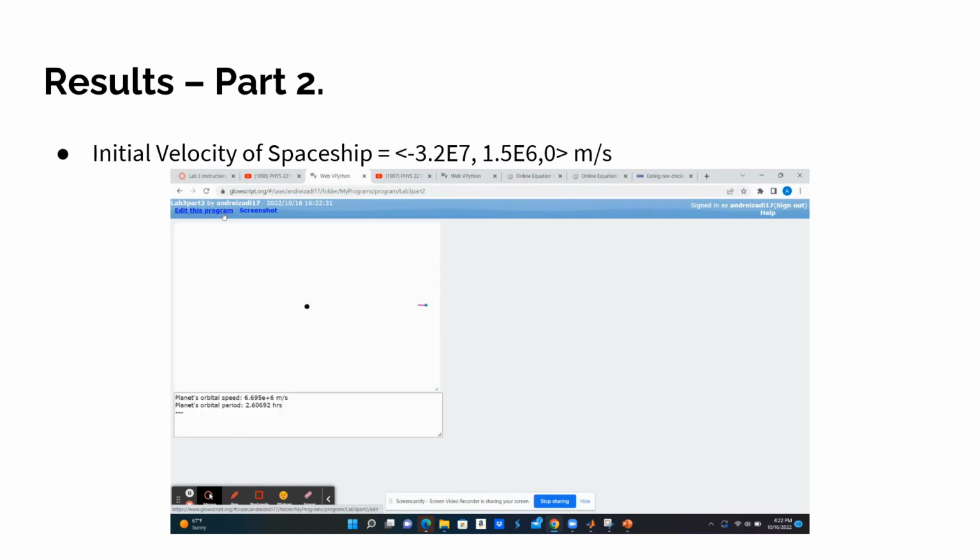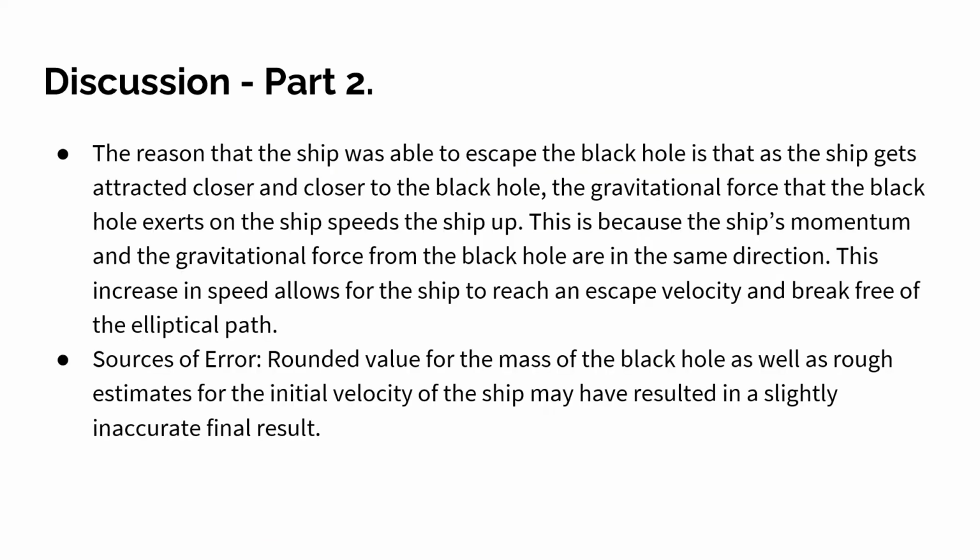As said previously, the initial velocity of the spaceship was found to be negative 3.2 times 10 to the 7th in the x direction and 1.5 times 10 to the 6th in the y direction. This was found by the trial and error method, and of course it's velocity, so the units are meters per second. The reason that the ship is able to escape the black hole is that as the ship gets attracted closer and closer to the black hole, the gravitational force that the black hole exerts on the ship speeds the ship up.